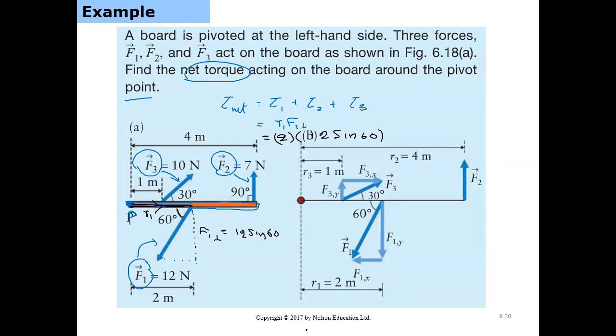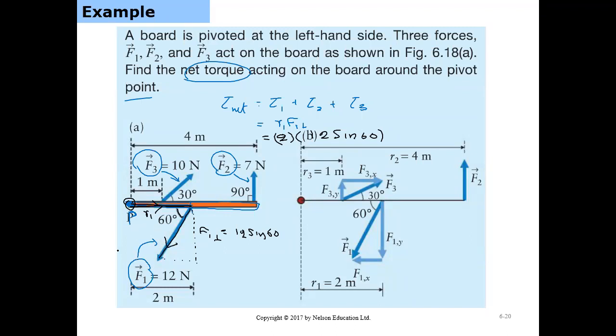Now you have to take care of the sign also. You should put whether it is positive torque or the negative torque. Now how do we get it? This is the point in question, and this is the force we are applying.